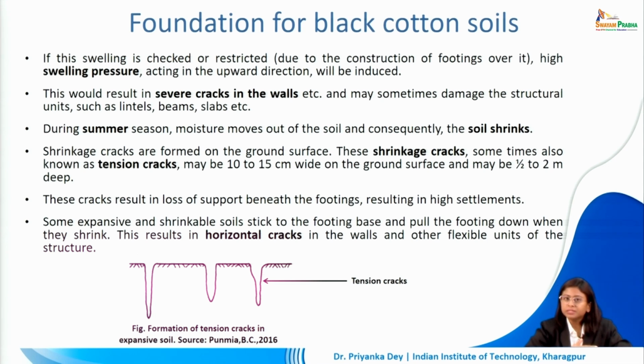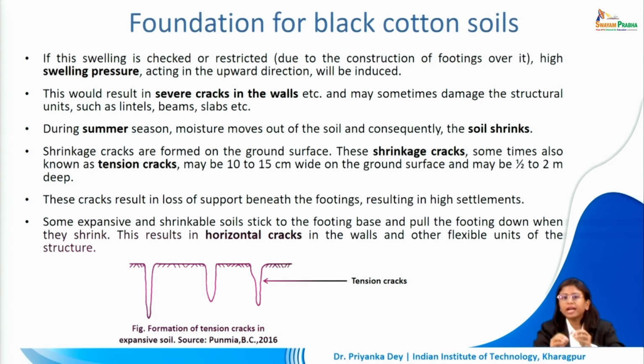Now during the summer season, the moisture is going to be coming out of the soil, causing the soil to shrink. Now when this soil shrinks, it reduces in volume significantly, and it causes a pull down action, resulting in the formation of shrinkage cracks. They are also known as tension cracks, which can be as much as 10 to 15 centimeters wide at the ground surface, and they can go as deep as 2 meters.